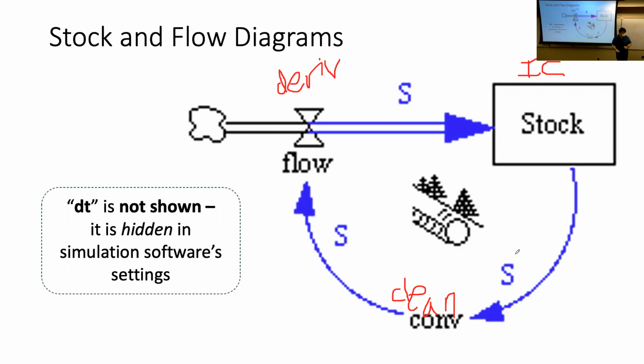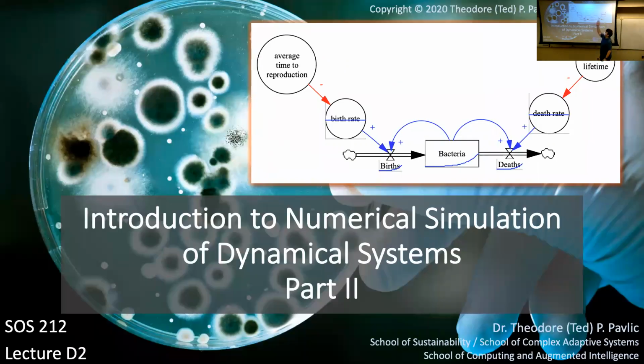But it's the exact same stuff. If I were to go and show from the very first slide here, slide 1, a VinSim diagram for this system, you can see I've got the average time to reproduction.